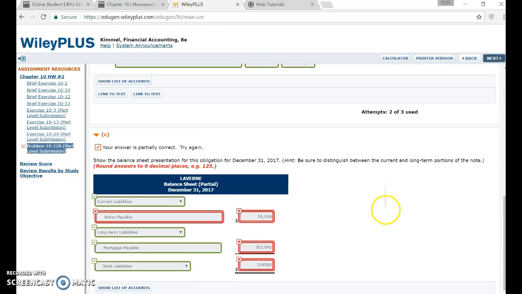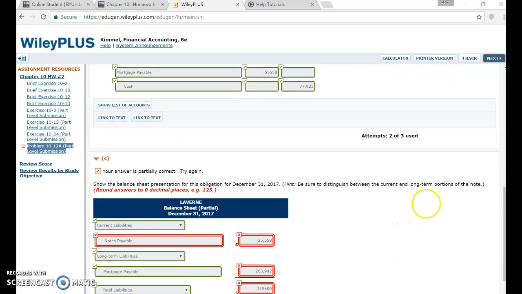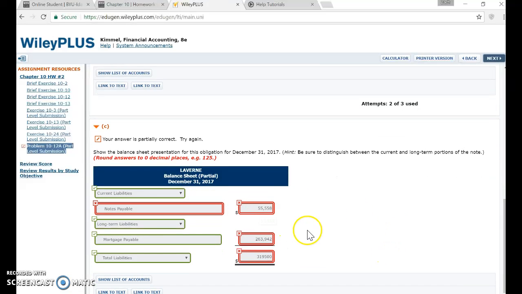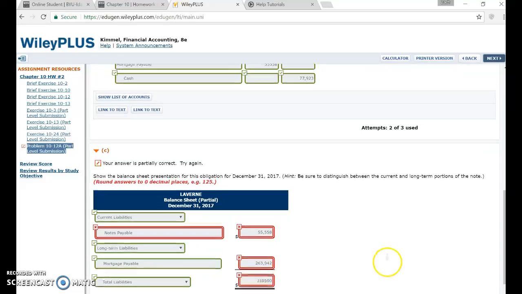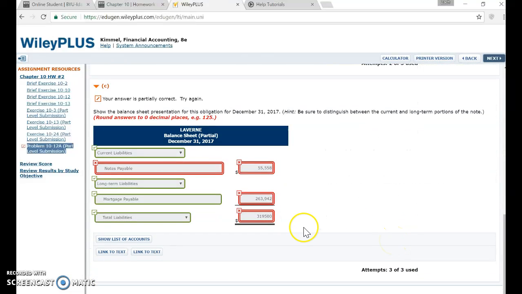The current liabilities would be what we probably pay. I put in a few different numbers. I tried the mortgage installment payment that we would owe for the $77,000. I tried the interest as well as the mortgage payable, as you can see, but I couldn't quite figure out the solution to this problem. So I apologize for that.